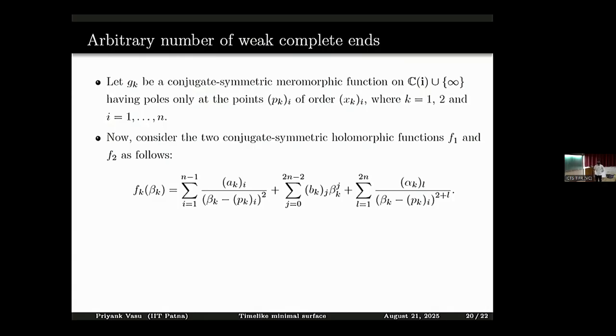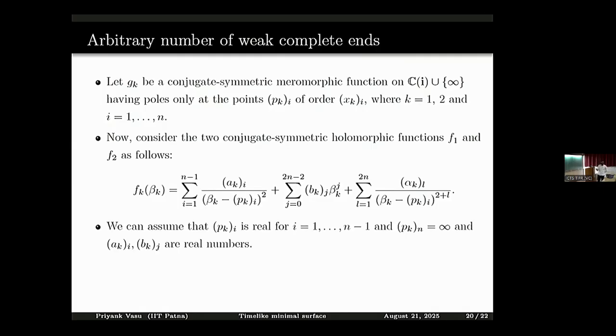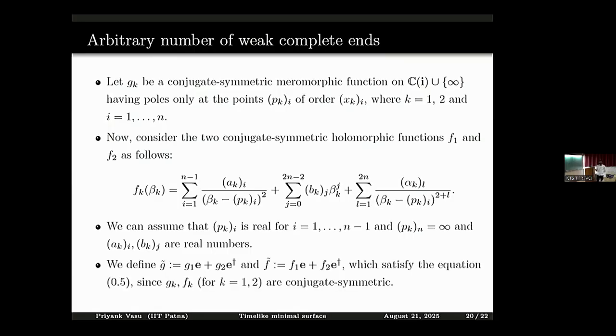Satisfying the period condition, the Weierstrass data will look a little bit big, but it is because we need n ends, and we will make them weakly complete. So it will look like this, and p_i and a_k, b_k will all be real, because we need one more condition on our Weierstrass data for the maximal surface, which is the conjugate symmetry.